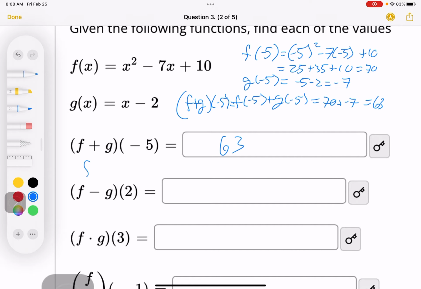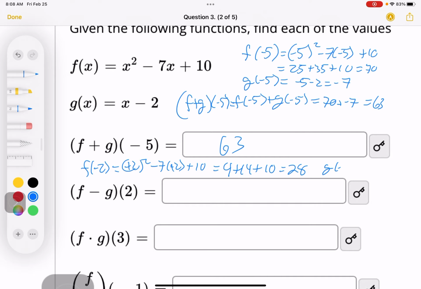So let's look at f of 2 here for this next one. That's going to be 2 squared minus 7 times 2 plus 10. Shoot, that's positive 2.